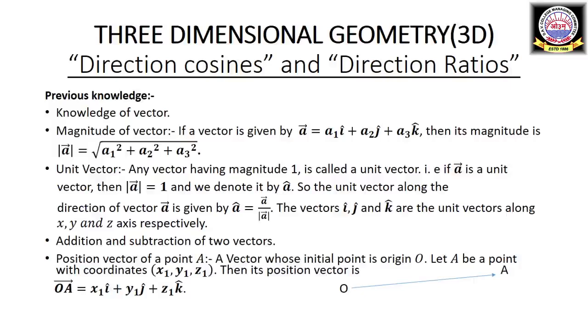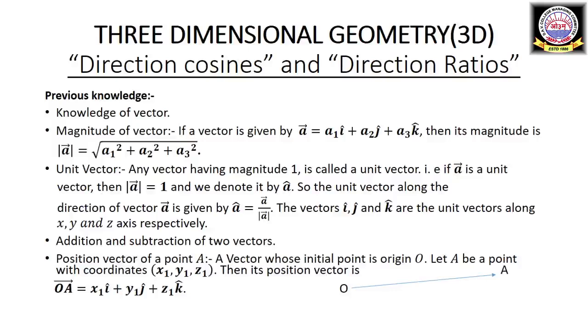Position vector. A position vector represents the coordinates of a point in 3D. That is the vector which represents the position of a point in three-dimensional geometry, in space, that is called the position vector. I can say it is a vector where the initial point is the origin. As already written there, let A be a point with coordinates x1, y1, z1.